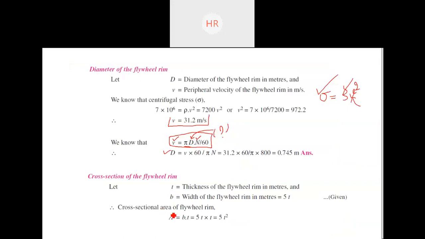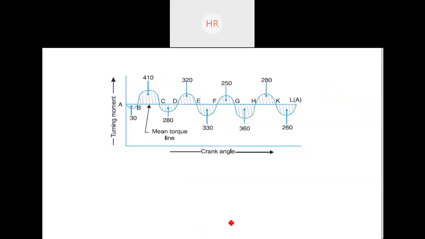So cross-sectional area is equal to BT, B is equal to 5 times T. So we can see cross-sectional area is equal to 5 times T square. First we'll move to finding the fluctuation of energy.